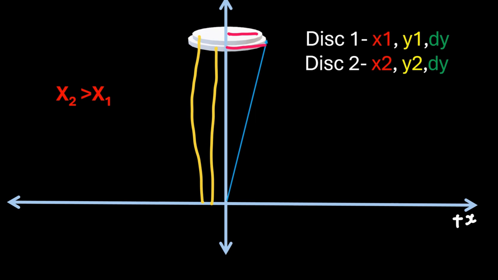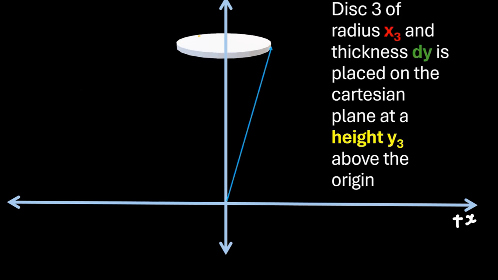Now, what are we trying to achieve? Let's see. If we have another disk, disk 3, of radius x3, so this here would be x3. Now you tell me this, which is y3.